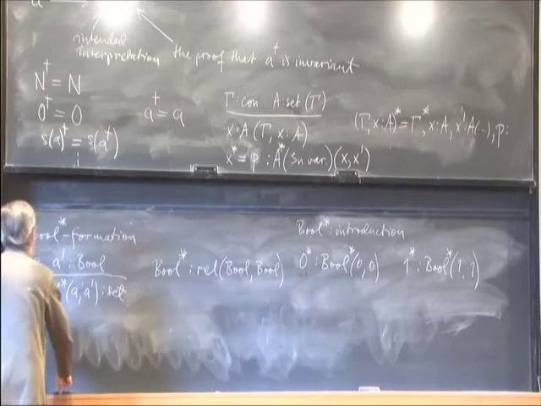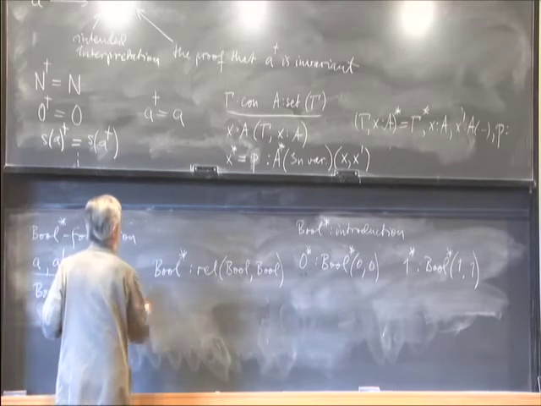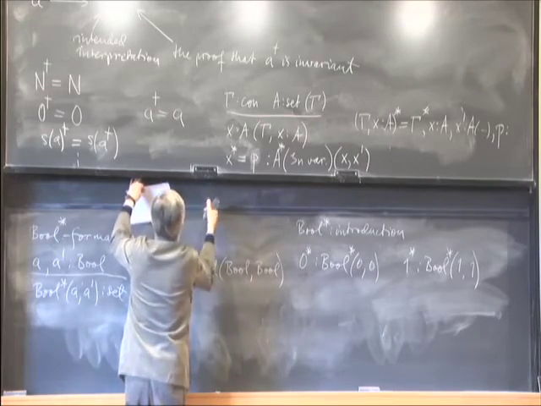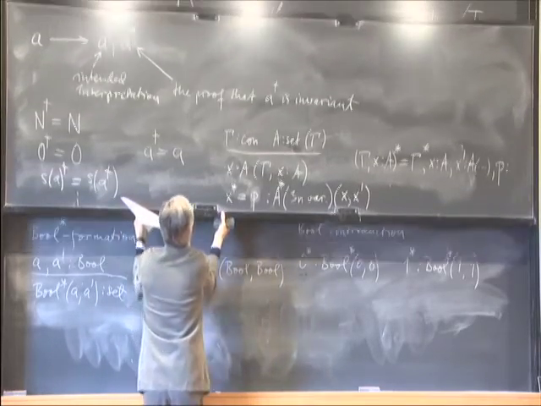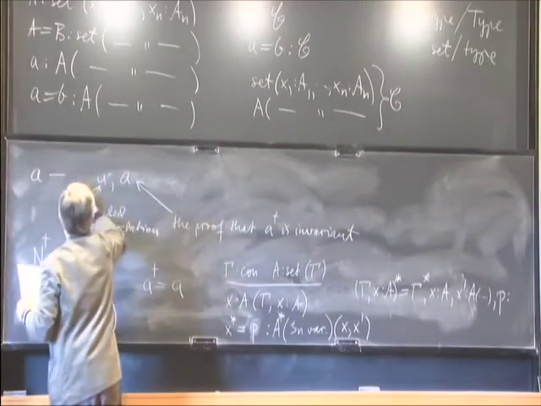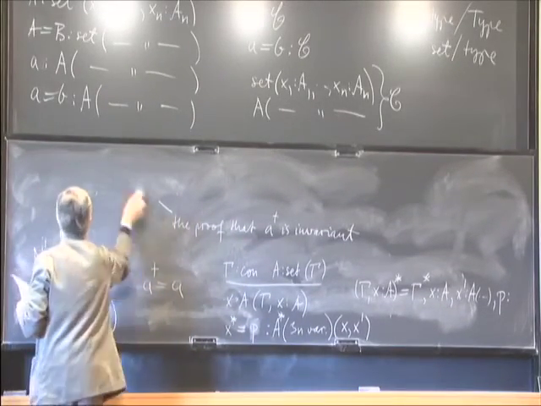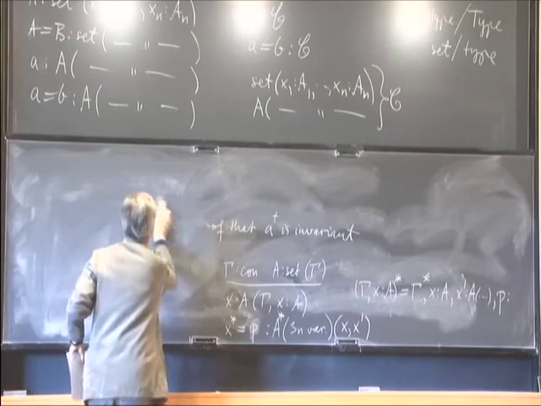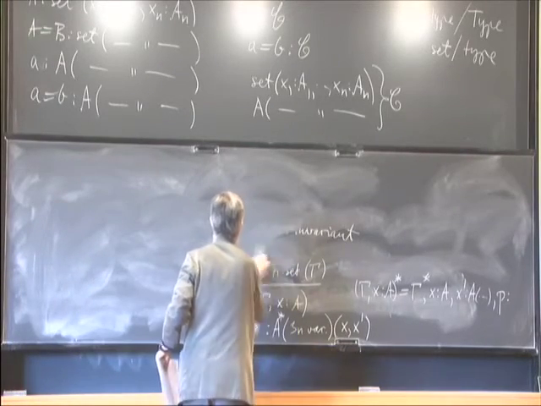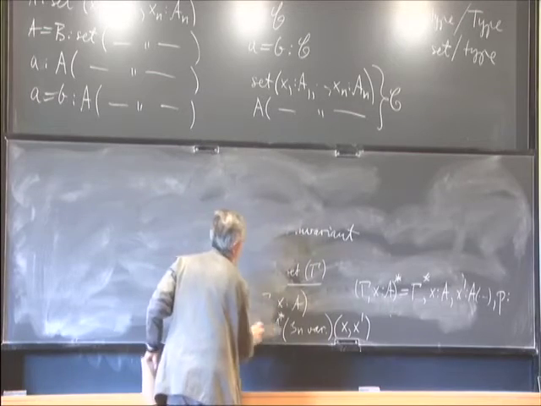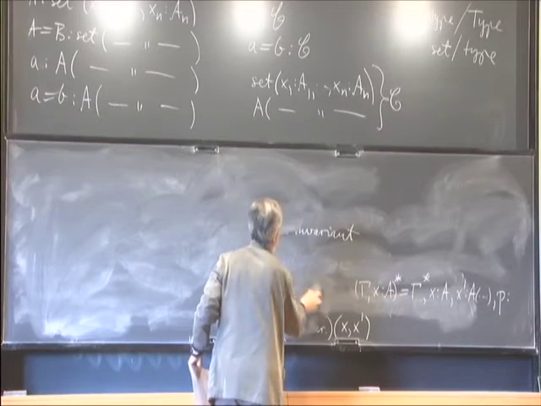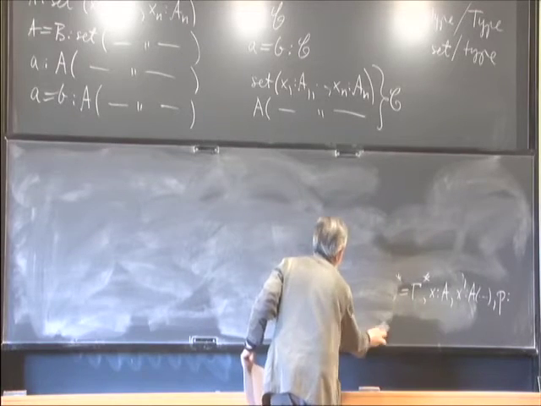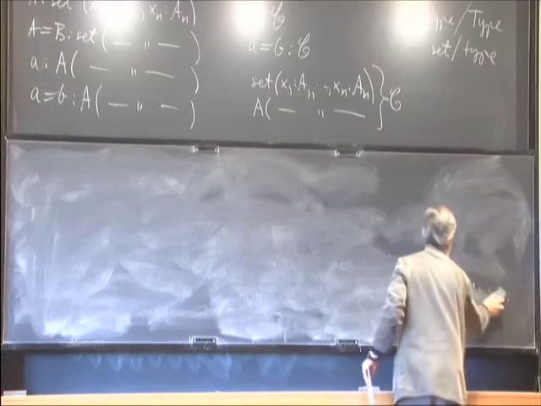And that pattern gives us, in this case, these are now the elimination and equality rules for bool star, this new constant bool star that I introduced.